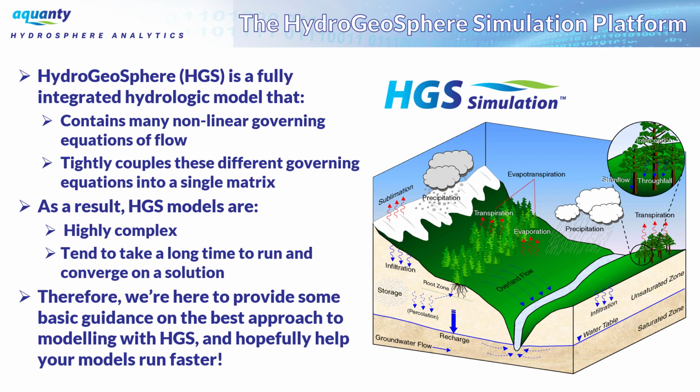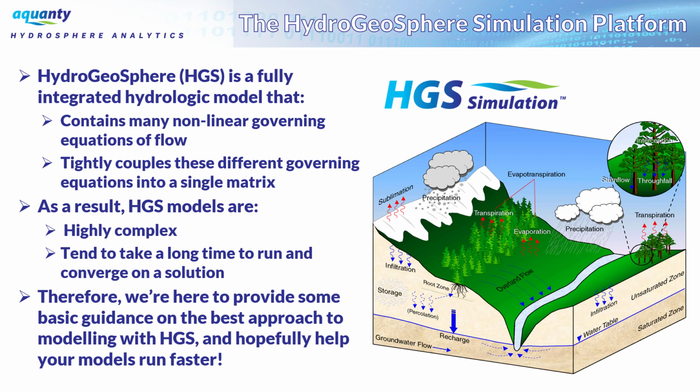HydroGeoSphere couples all of these different governing equations tightly into a single global matrix, which is then solved simultaneously. As a result, if we were to compare HydroGeoSphere to similar models, whether they be groundwater only or surface water only models, HGS models are very complex and they do tend to take a very long time to run and converge on a solution.